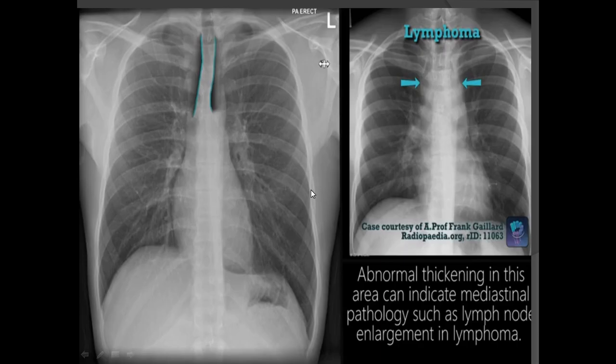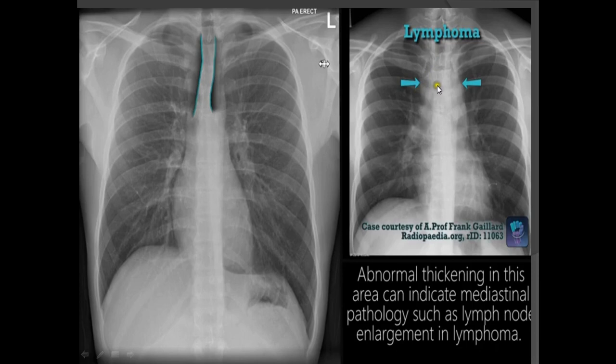Then again, this is an example of what's going on here. Normally you see the trachea, and there's nothing on the right or left side of the trachea. This is called the paratracheal strip. The normal paratracheal strip should be 2 mm. So what's going wrong here? Here, this paratracheal strip has been widened.